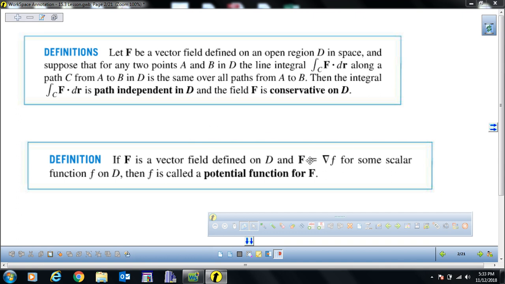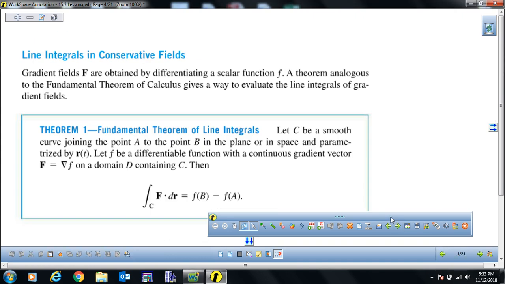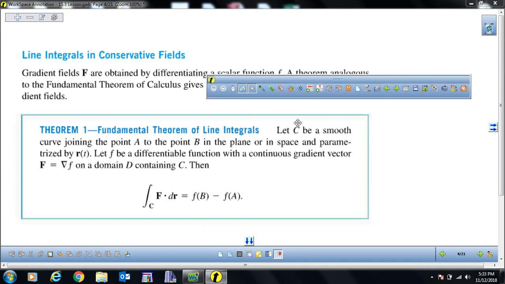Now, another definition. If we have F to be a vector field, then we should be able to find what is called a potential function for F, which is basically a gradient function. You know how to find the gradient from the previous sections. Let C be a smooth curve joining point A to point B in the plane and parameterized by r of t.